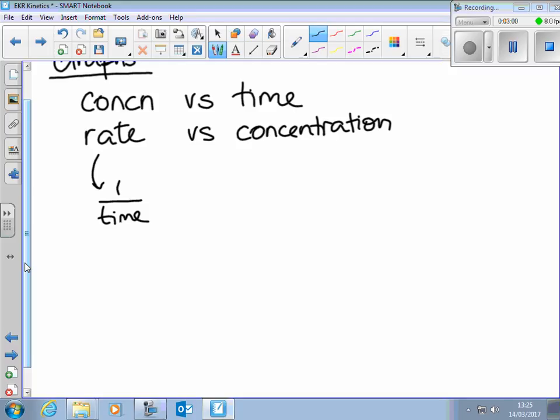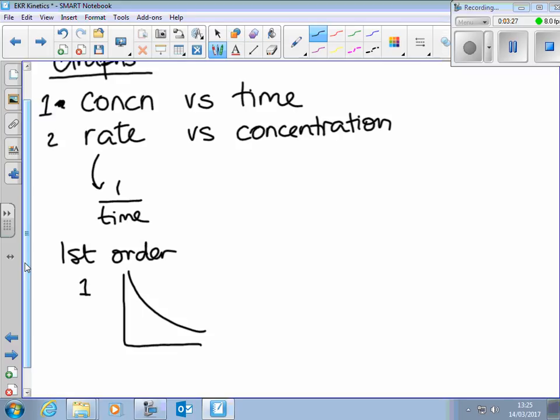And for a first order reaction then, you get these very distinctive curves and, well, lines. So first order. For that one, the concentration against time, then you've got this very, very clear rounded curve. That's probably easier if I call it 1 and 2, if you like, and that's graph 1.